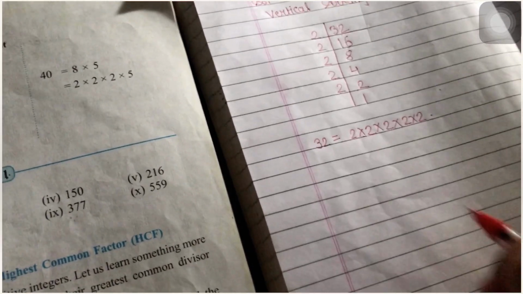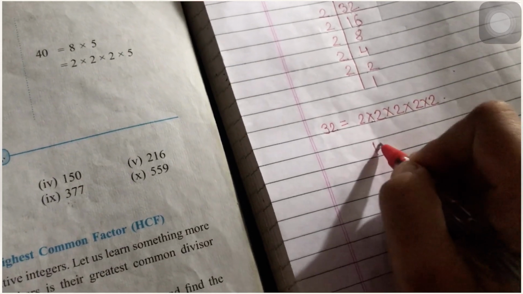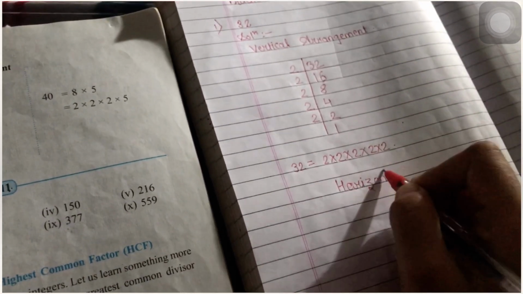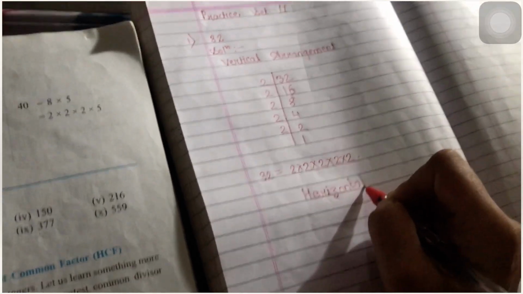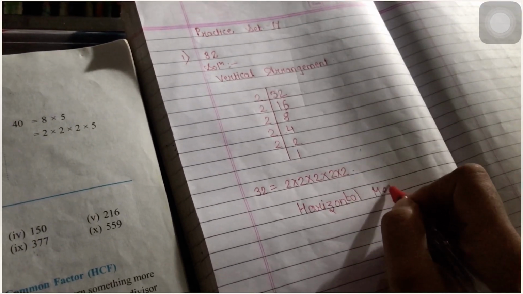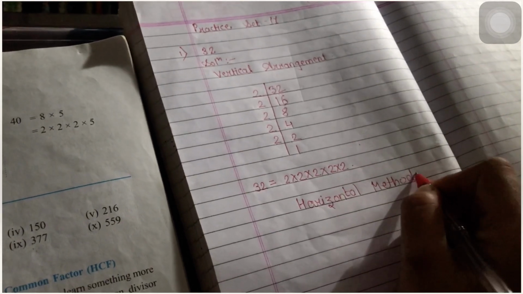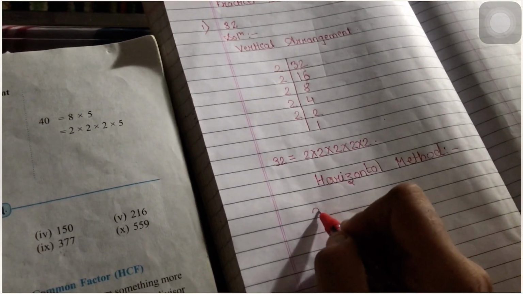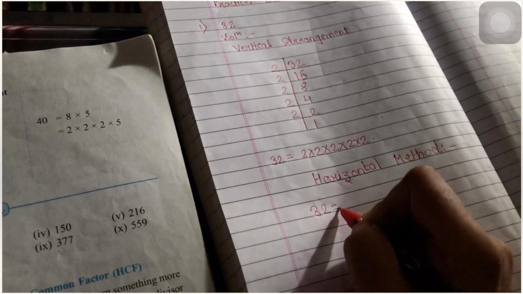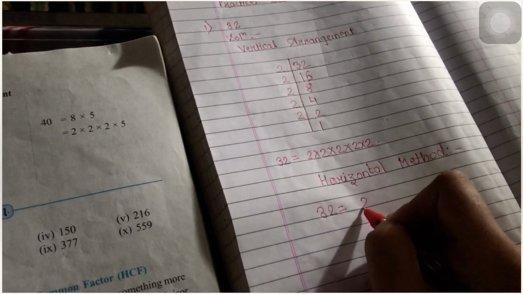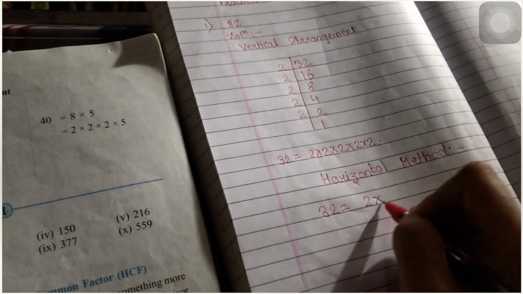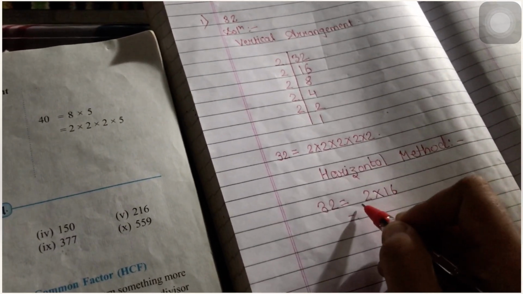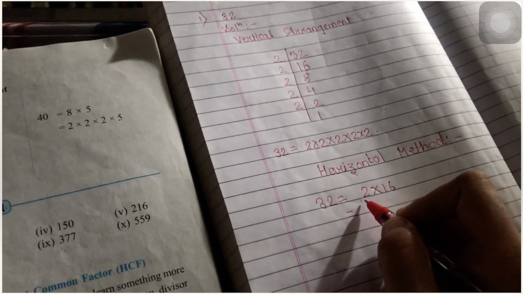Now we will see the horizontal method. Again, 32 is equal to the 2 table, 2 16s is 32. Students, this 2 will not expand further, so leave it.